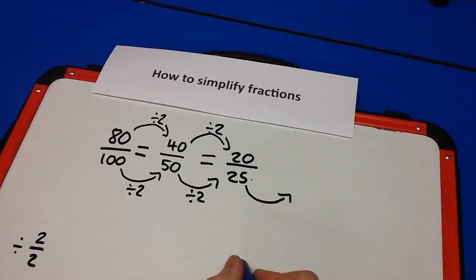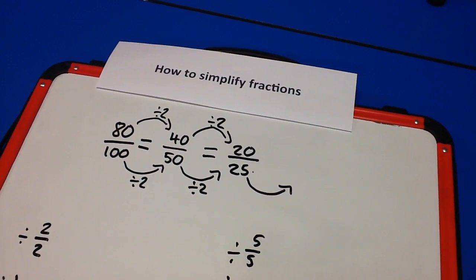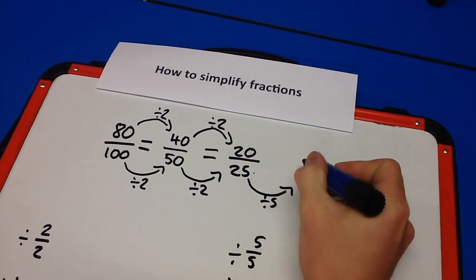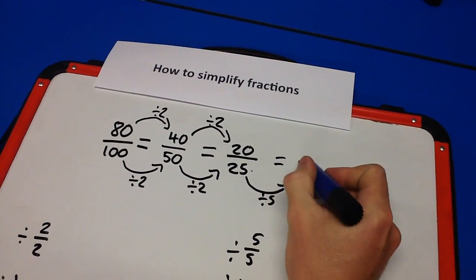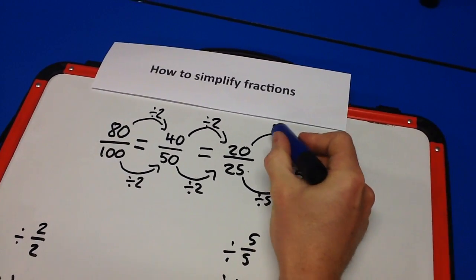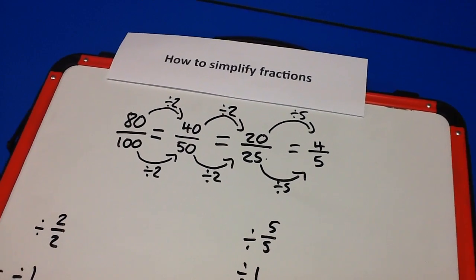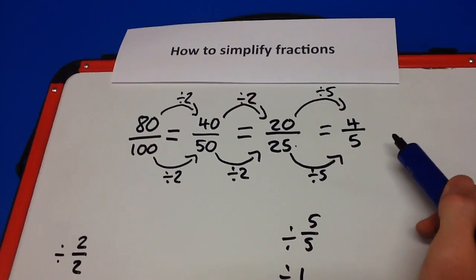So effectively we are dividing by 5/5, which is the same as dividing by 1 again. 25 divided by 5 equals 5. 20 divided by 5 equals 4. 4/5. Now, can we divide it by anything else?